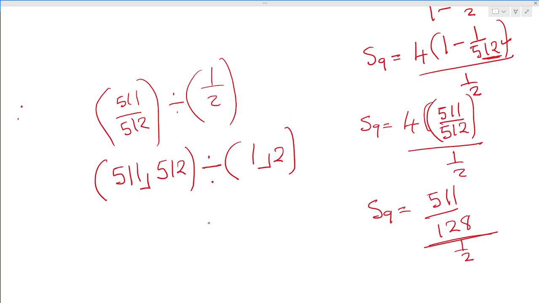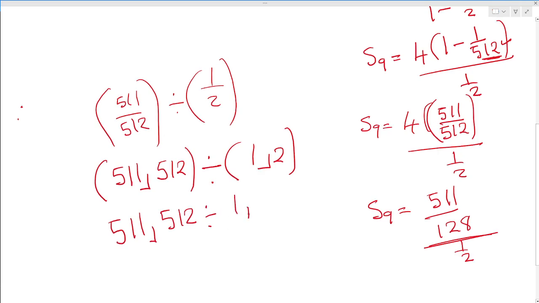Then you punch, and that way it gives you the correct answer. If you say 511 without brackets over 512 divided by 1 over 2, this will give you a wrong value. But when you put brackets, it simply means this is a fraction and this is another fraction, and then they are dividing. So please punch those values like that.